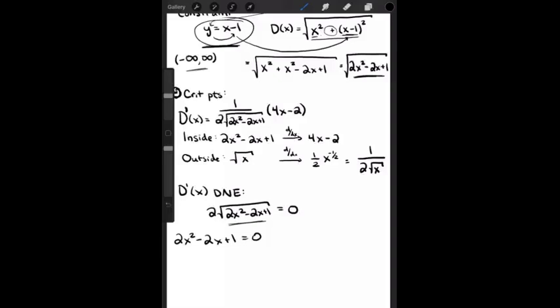It doesn't have a leading coefficient of 1, so I'm inclined to use the quadratic formula for it. There's a modification of our trick about two numbers that multiply together to get the constant and add to get the linear, but I really just prefer the quadratic formula when there's not a 1 for the leading coefficient.